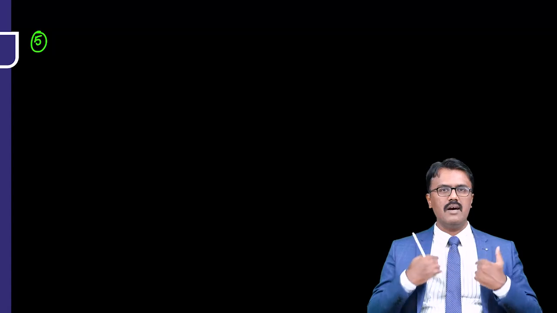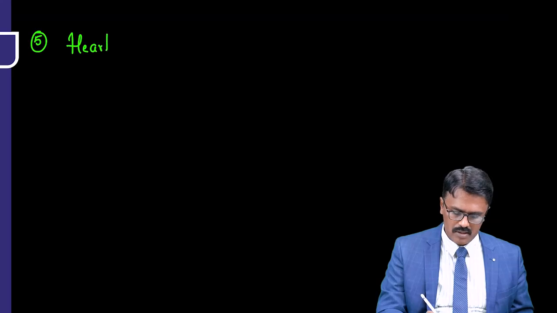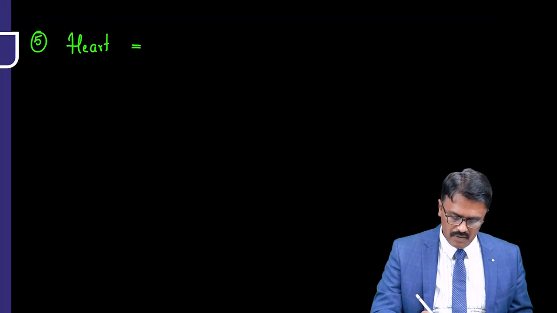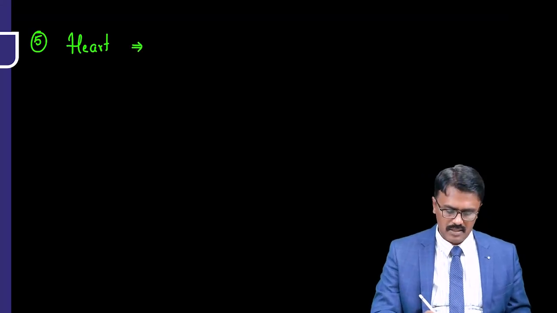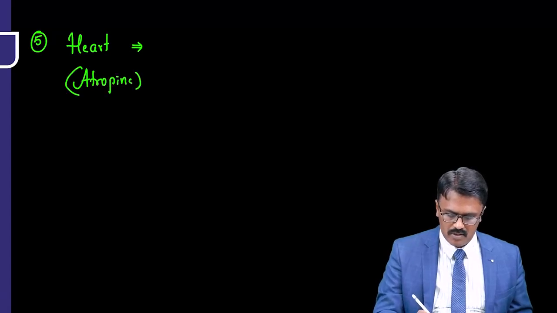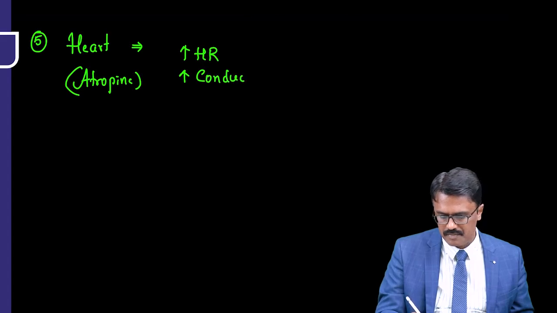The next one is heart. So what happens in the heart? You know that the cholinergic system decreases the heart rate and decreases the conduction. So when we use a drug such as atropine, which will block the muscarinic receptor, what you see is an increase in heart rate and increase in conduction in the heart.